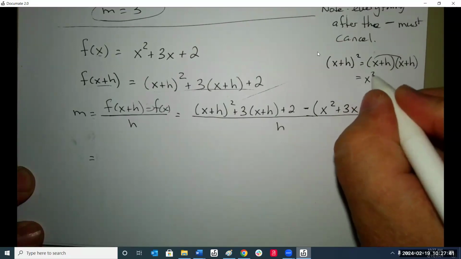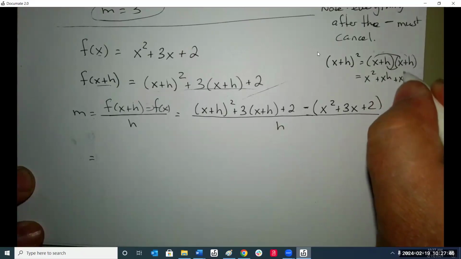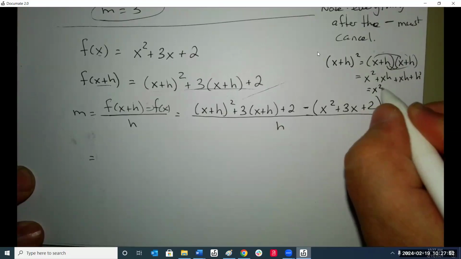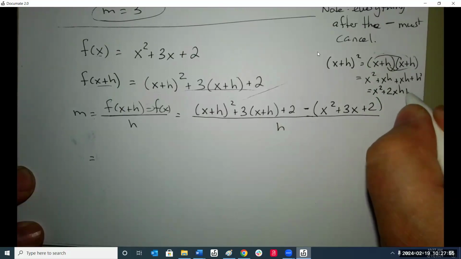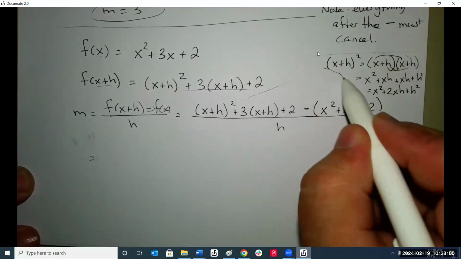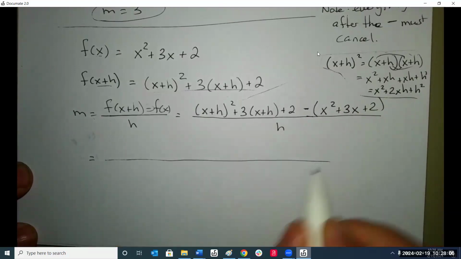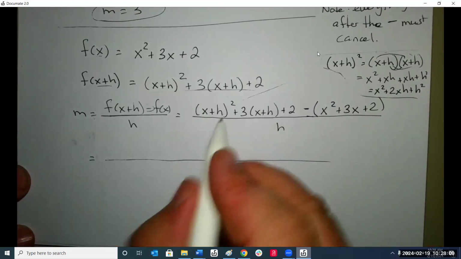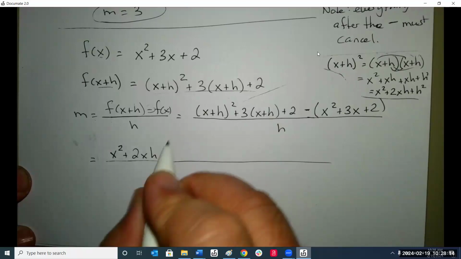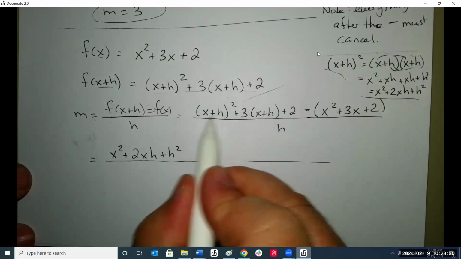X times x is x squared, plus xh, plus xh, plus h squared, which makes it x squared plus 2xh plus h squared. That's this part here only.